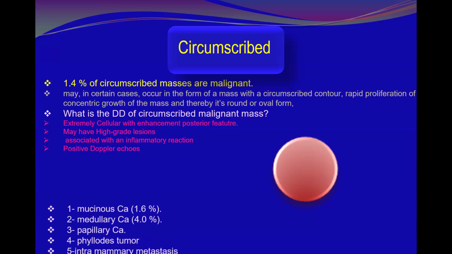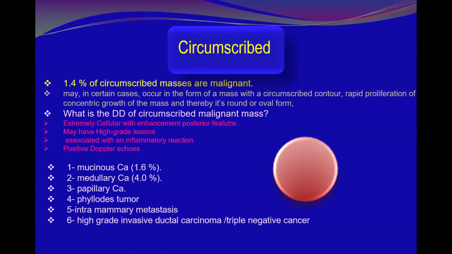So we have the differential diagnosis, but the general features of circumscribed malignant masses are that they are extremely cellular, usually associated with posterior enhancement, and may be high-grade lesions associated with inflammatory reactions.